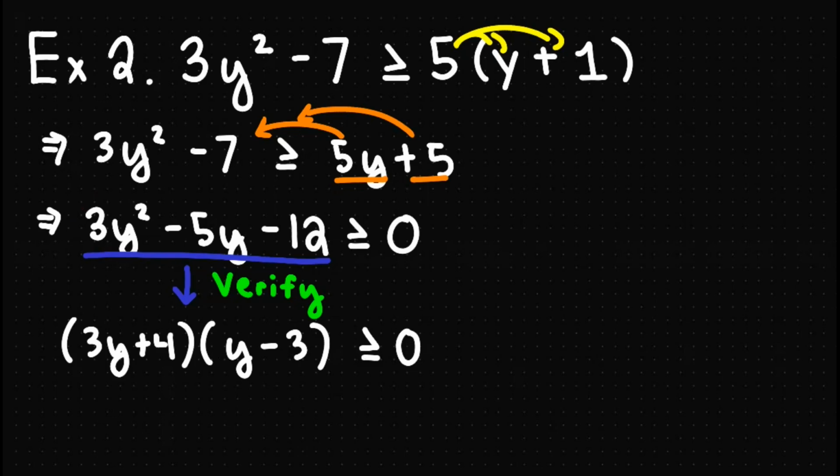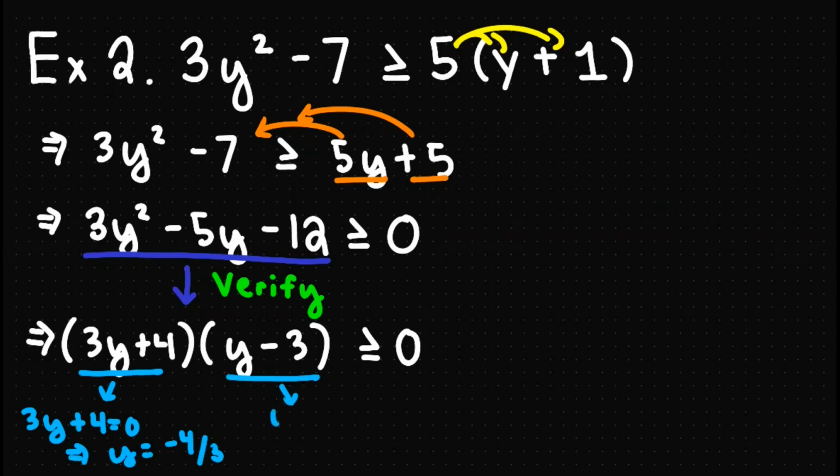Now that we've got what we want, the next step is to get the critical points. So for this one, we'll have 3y plus 4 equals 0, which will give us y equals negative 4 over 3.